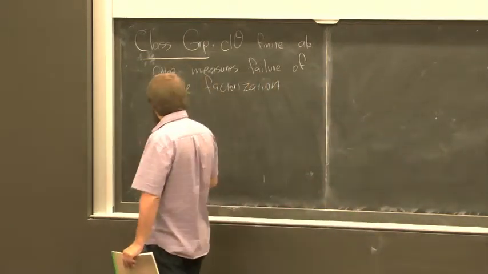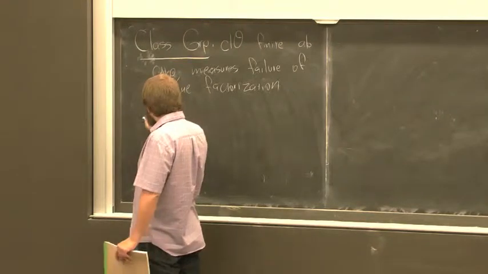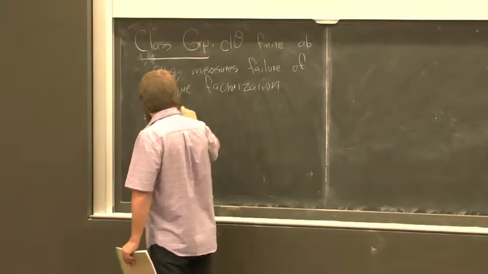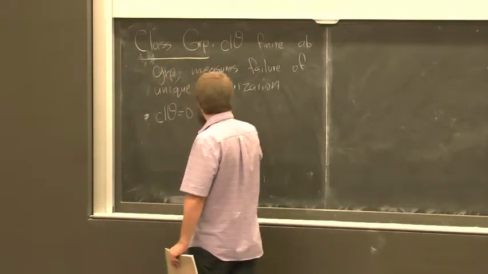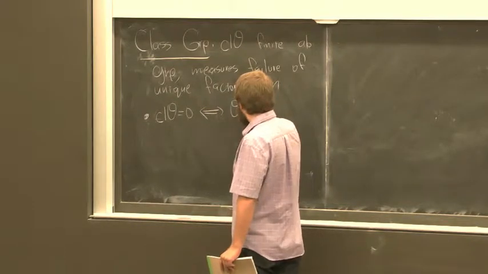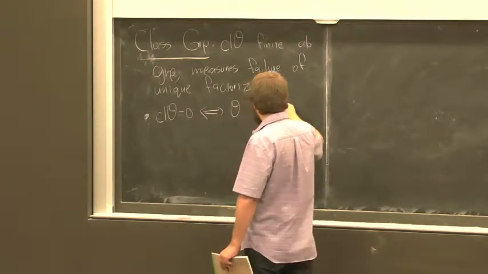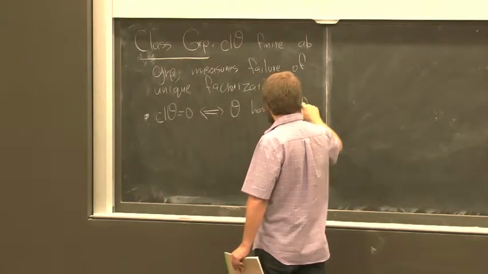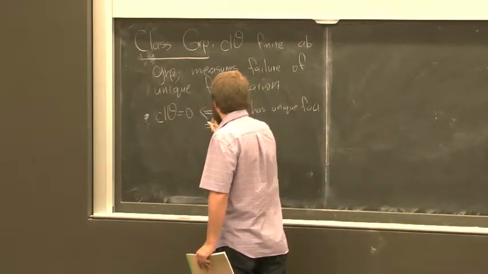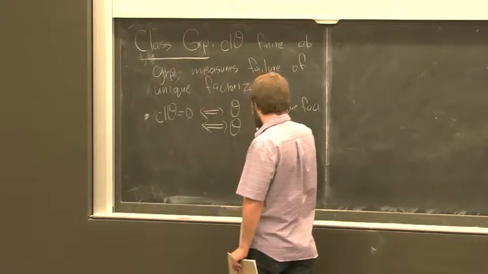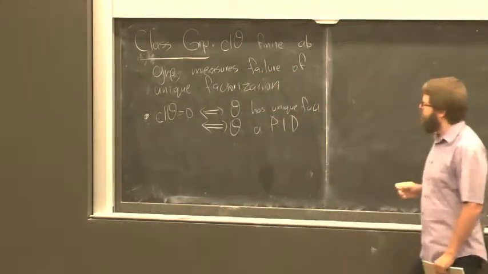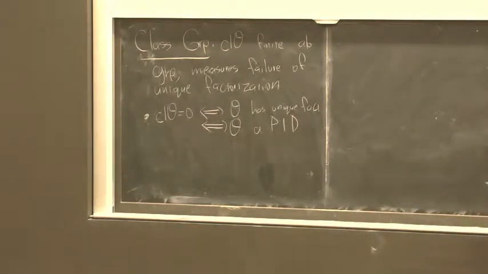The first basic fact is that the class group Cl(O) is equal to 0, the trivial abelian group, if and only if O has unique factorization, and that's true if and only if O is a PID.